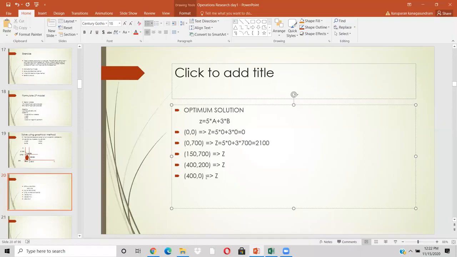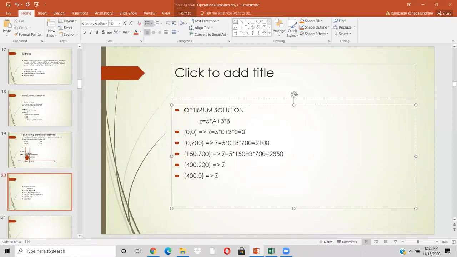Similarly, 5 times 150 plus 3 times 700, that's 750 plus 2100, 2850.